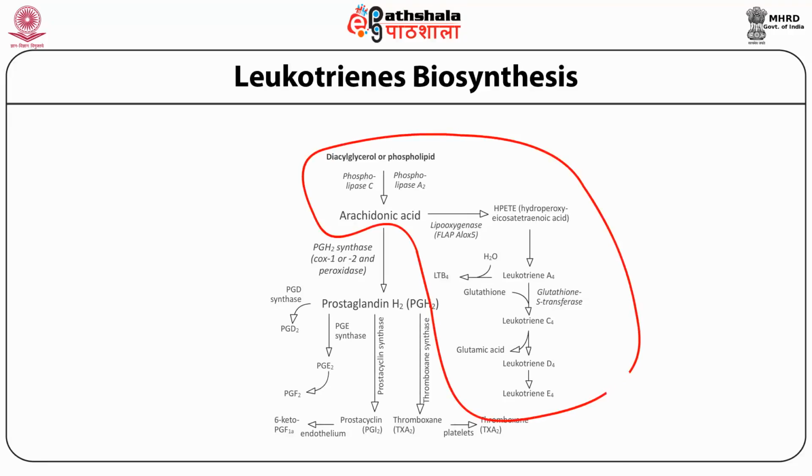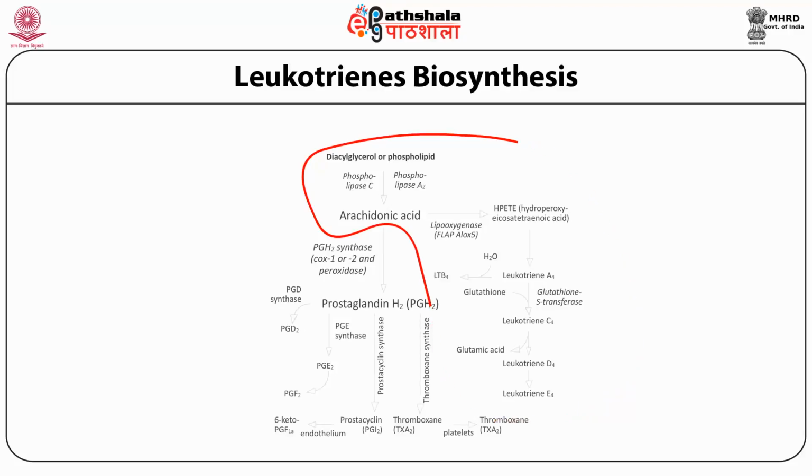The LTB4 is a potent chemoattractant for neutrophils, performing at BLT1 and BLT2 receptors on the plasma membrane.